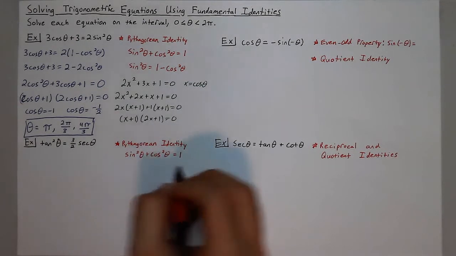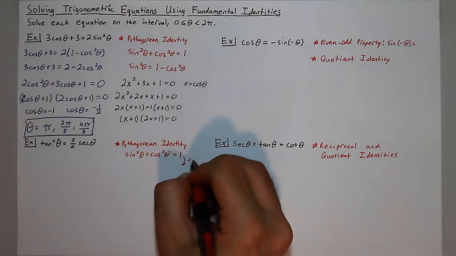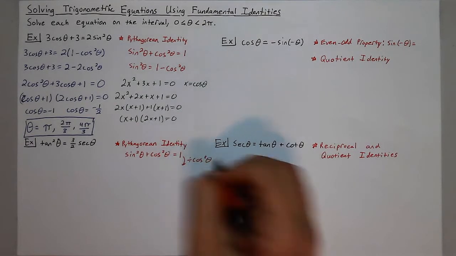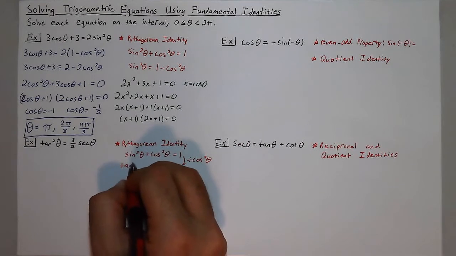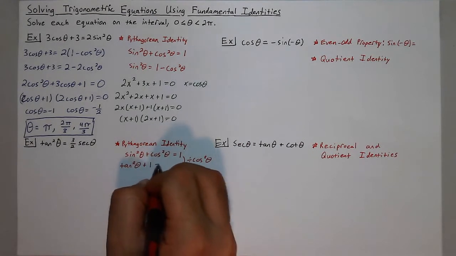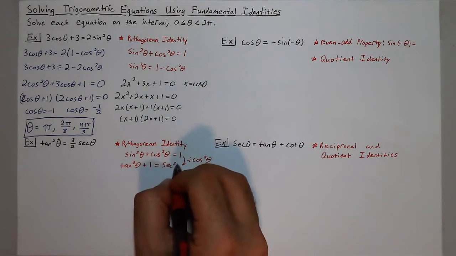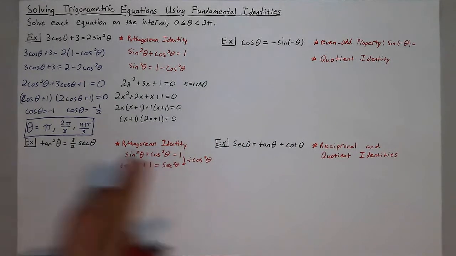So if I were to divide everything by cosine squared of theta, I would get tangent squared of theta plus 1 is equal to secant squared of theta, which there's that secant, so that's great.